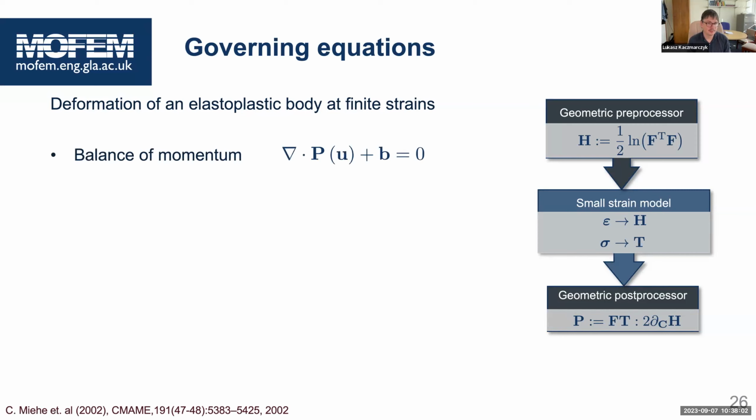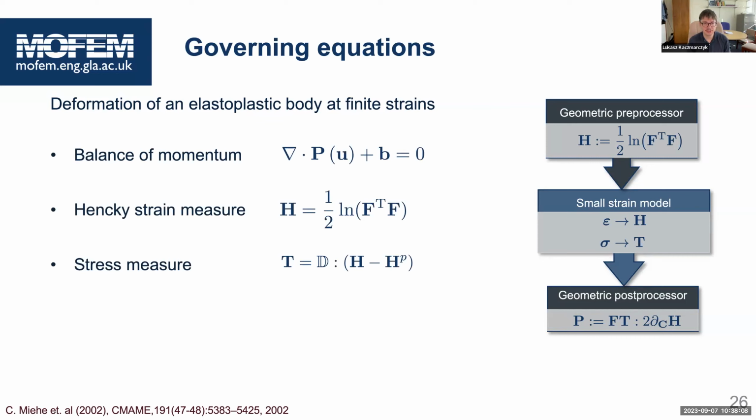So we have the balance equation, conservation of linear momentum. We have the definition of the Hencky strain, which I explained before, and then we have a definition of the Hencky stress, where HP is the plastic deformation. These are our stress measures, which will work. The key thing is that, because we focus here on metals, we assume that the trace of the Hencky stress is equal to 0.